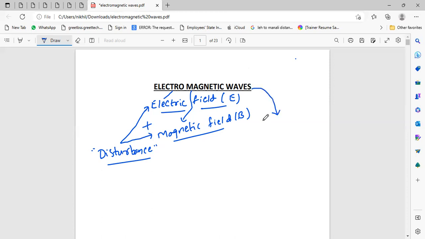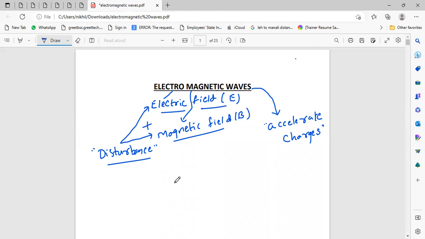In order to set up electromagnetic waves, you have to accelerate the charges. So by accelerating the charges, you can create the electromagnetic waves.